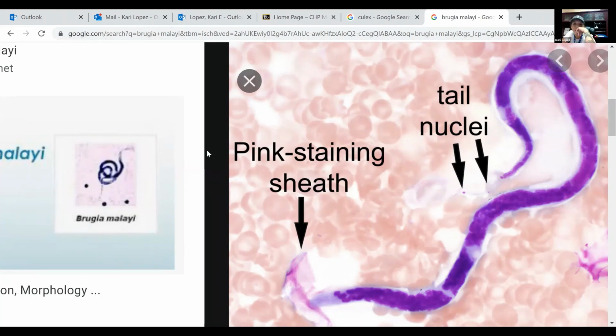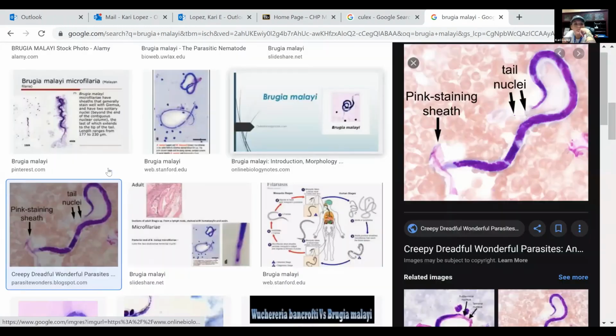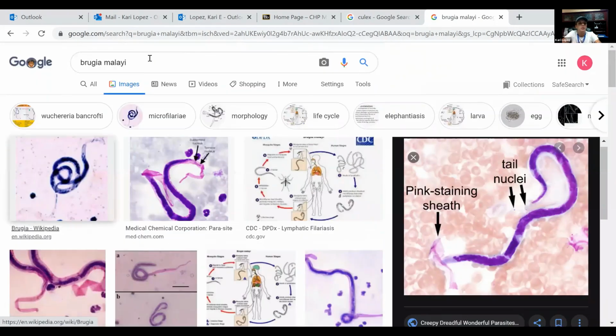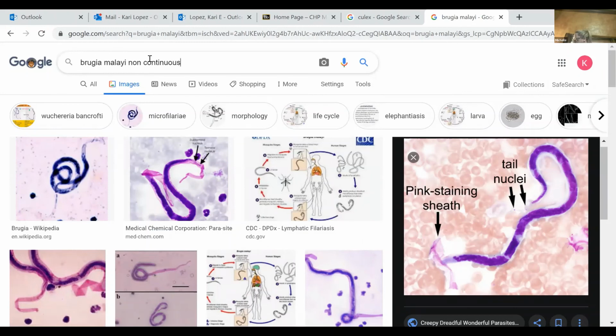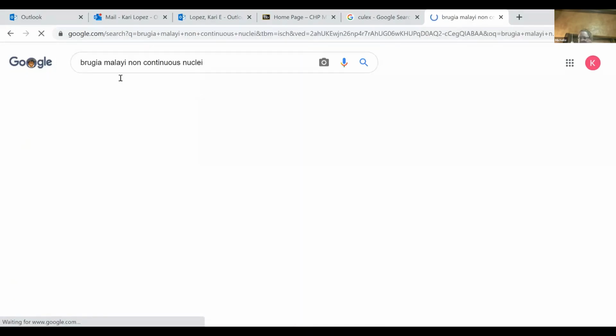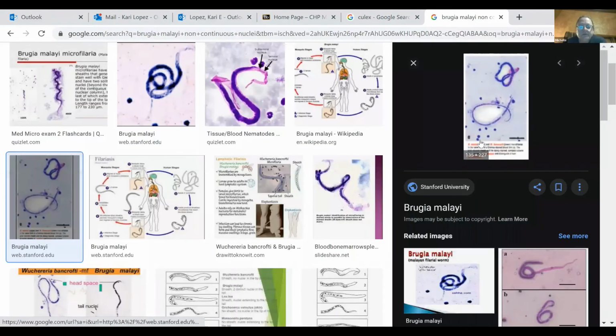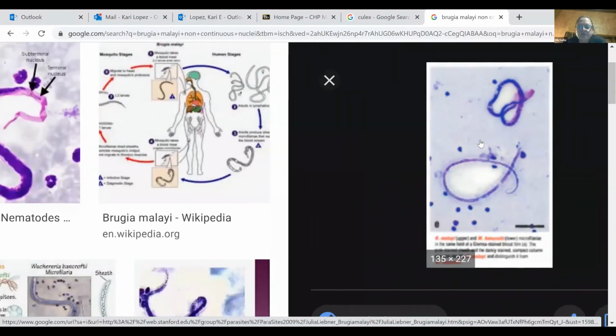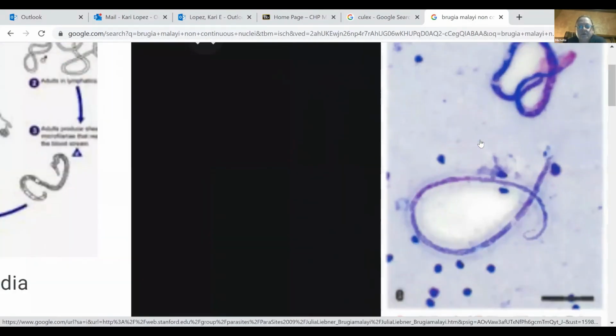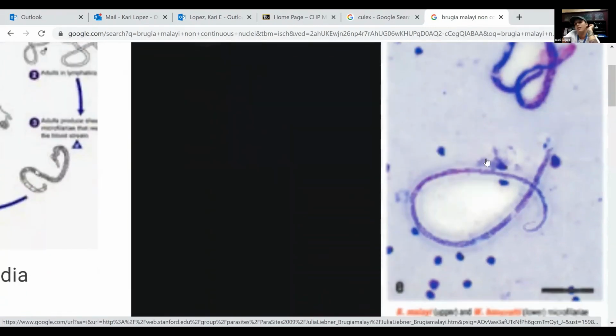Let me see if I can find a better one. Yeah, see how even this one you can see little separations in them?